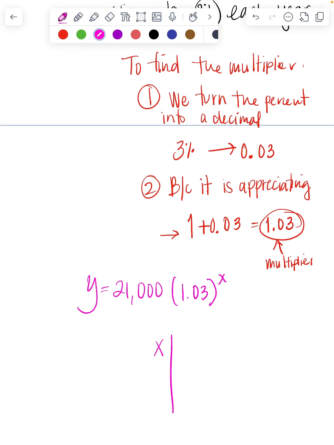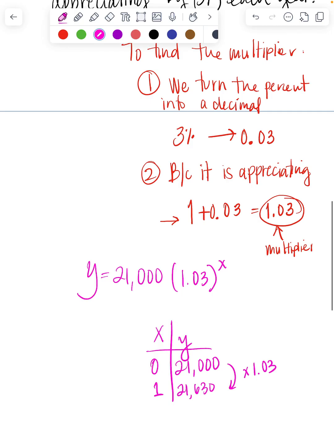And if I wanted to do my table, I know that I will be multiplying by 1.03 to find the next one. Let me multiply it really quick. The next number should be 21,630. And I can keep going if I wanted to.